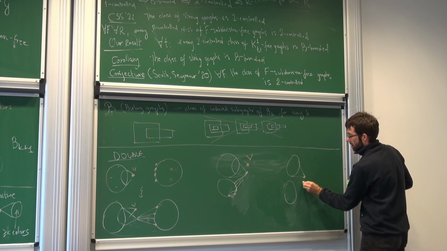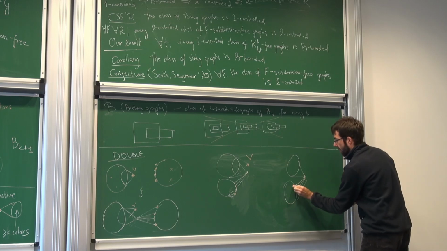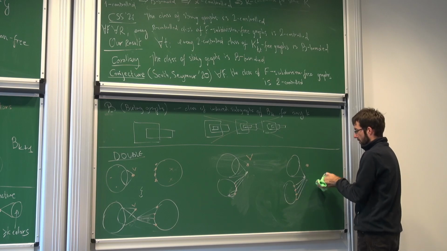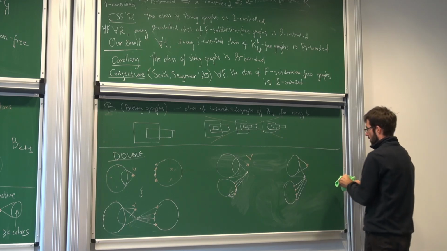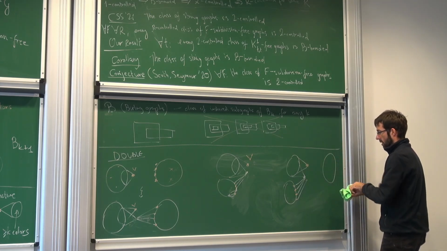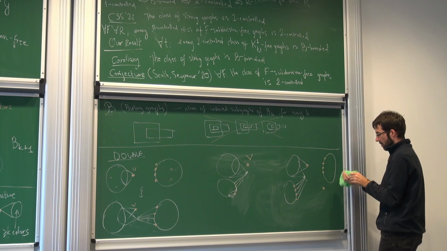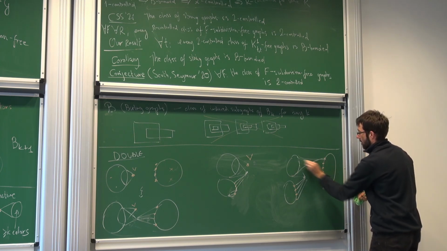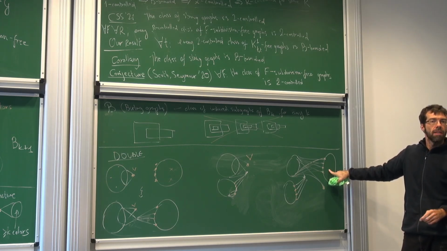So this is unchanged. We have our v, but now we have those marked vertices and this one. This is what we want to obtain at the end.